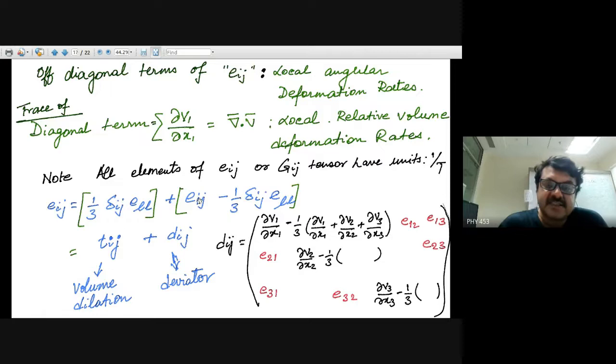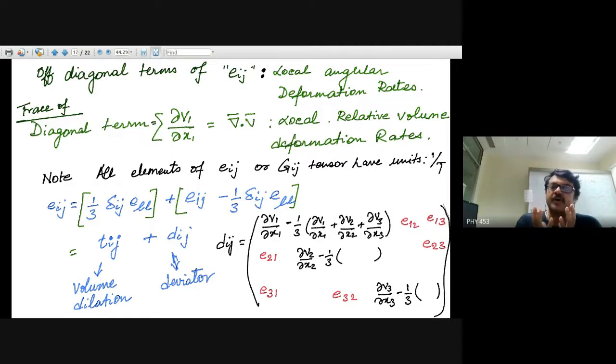So this part has zero trace. If you have finite terms of the so-called deviatoric Dij, then you don't have volume change at all. So you have broken it down into components: one which has a volume change, one which has a deformation without volume change, and some other part which we will cover later, which leads to rotation without deformation, right?